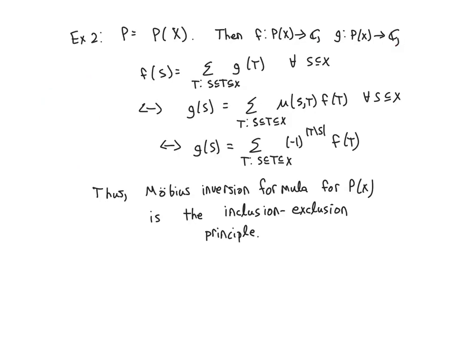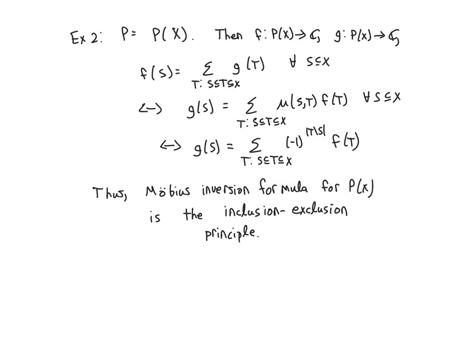Now finally, we move on to our next example of a poset. Let P be the power set of X, so it's the set of all subsets of X, ordered by inclusion. Let F and G be 2 functions from the power set to the complex numbers.